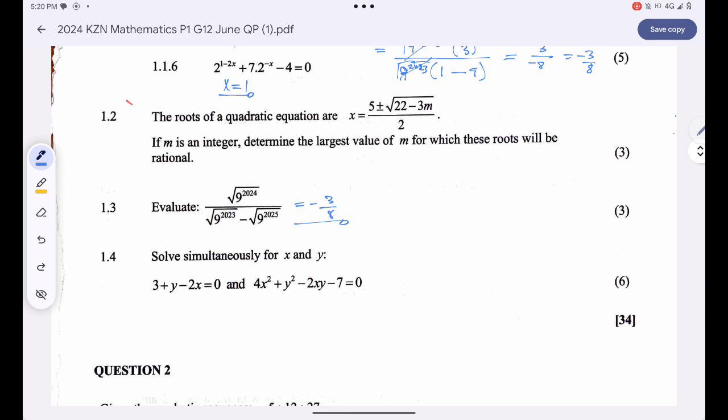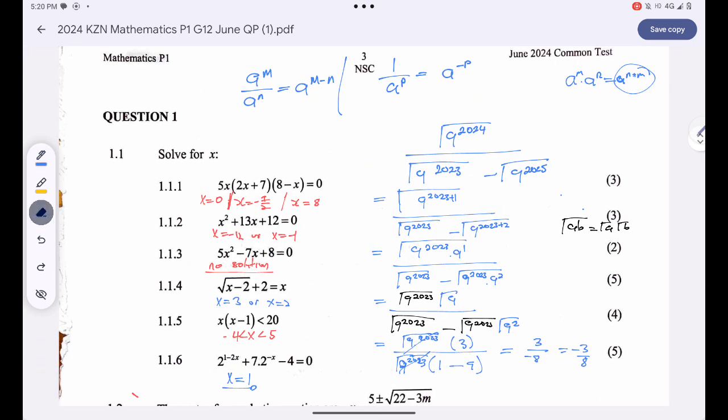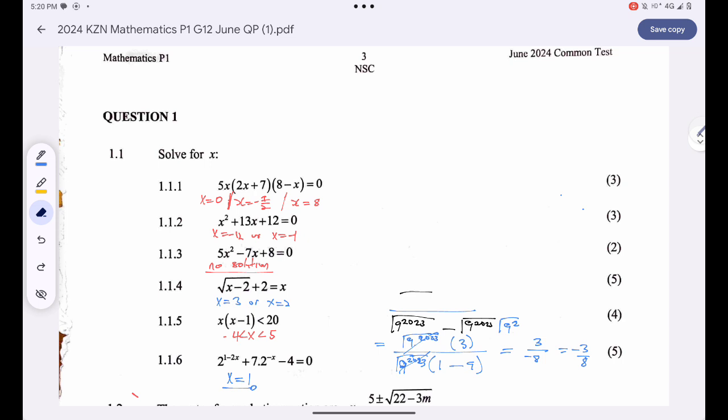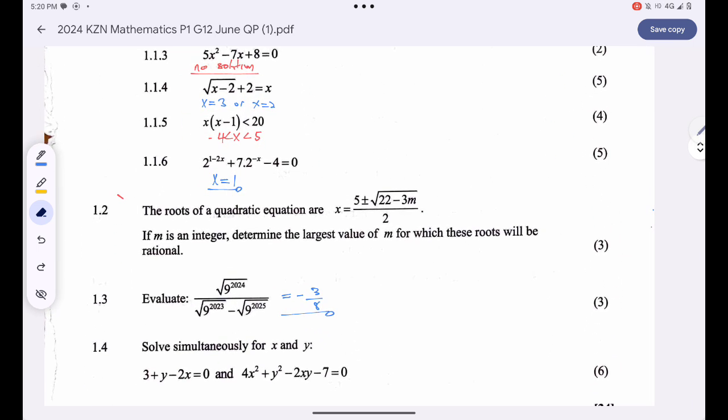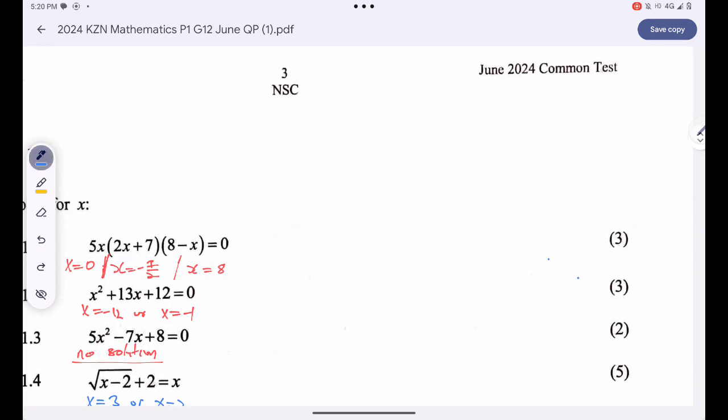Okay, I'm supposed to solve simultaneously now. I'm given two equations. Simultaneous equation. The first equation says 3 plus y minus 2x is equal to 0. That's equation 1.